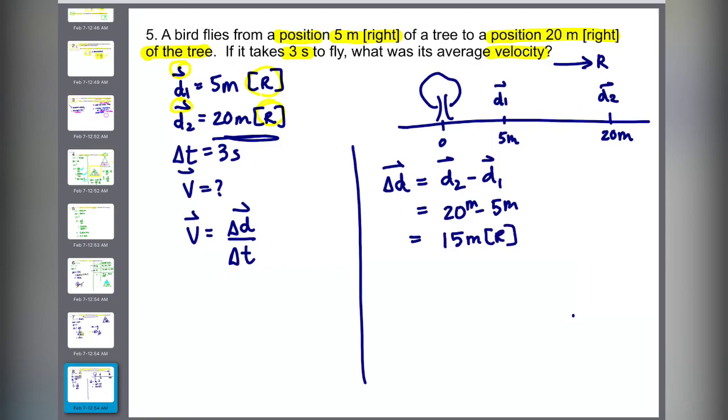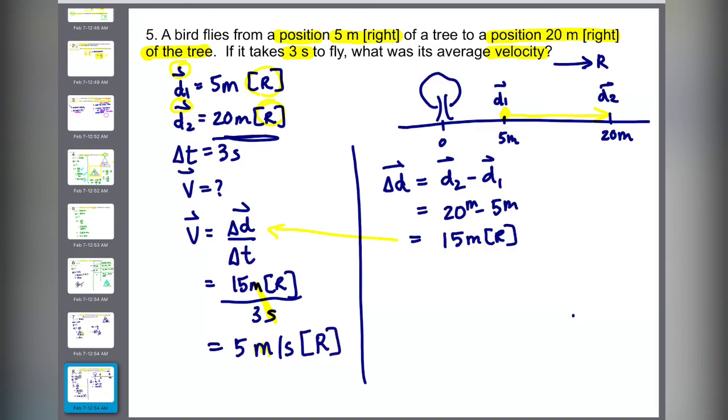Does it make sense? I was at 5. I'm at 20. It's 15 to the right. So now I can throw this in here. This is 15 meters to the right, divided by the time, which is 3 seconds. 15 divided by 3 is 5. Look at the unit. The unit is meters per second, with a direction of right.